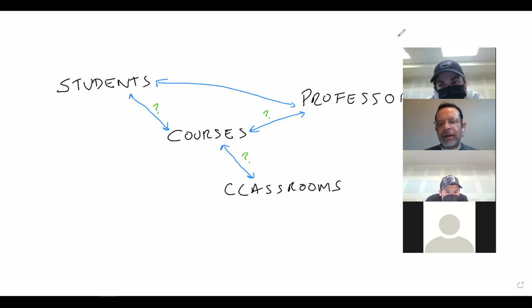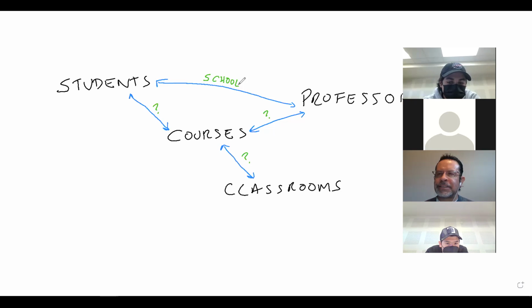I'm going to write it down right now. The way we're going to interpret this is that I have to create a phrase that makes sense. So I'm going to use the word you mentioned. So students, school, professors, or professors, school, students. Does that make sense?